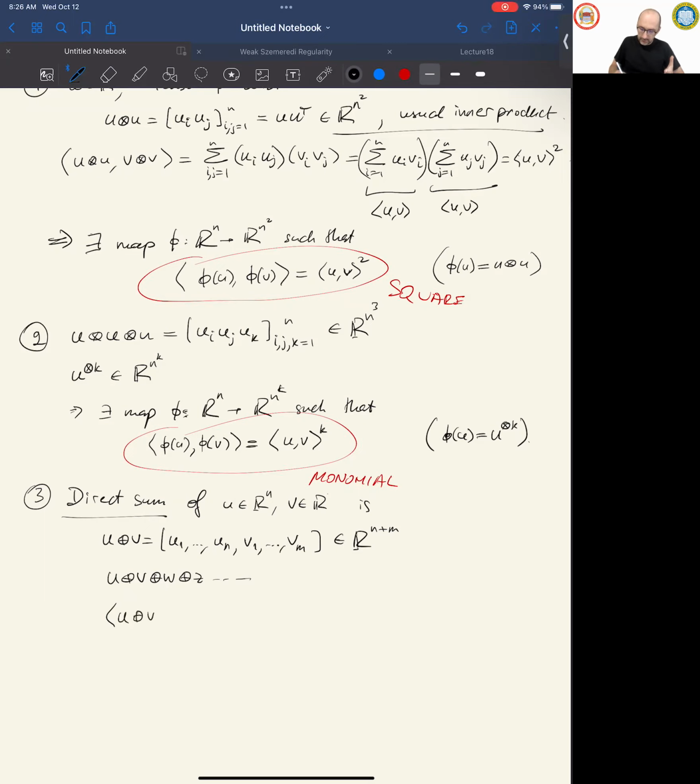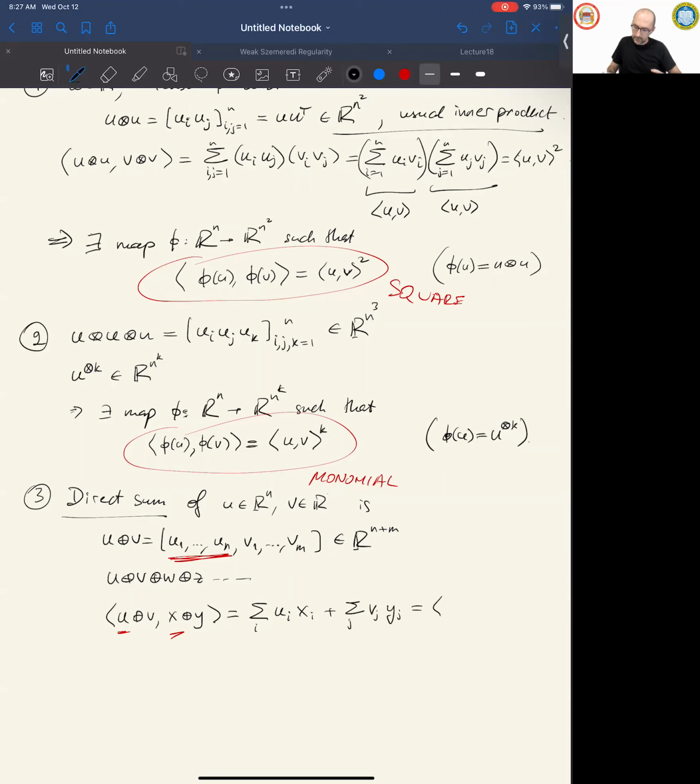Okay, now it should be obvious, I think, and let me know if it is not, that if you take direct sums and then you take their inner product, then what happens? You just do this coordinate by coordinate. Actually, let's try this out. The first sum multiplies the coordinates of u with the coordinates of x, and then as we go down, it multiplies the coordinates of v with the coordinates of y.